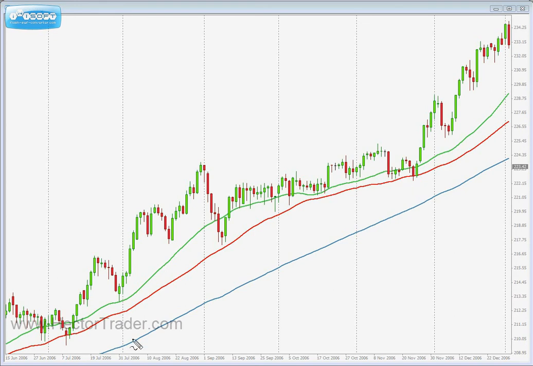We have a quick pierce below here and another quick pierce below there, but immediately after it shoots back up. That's alright. Markets are not perfect.